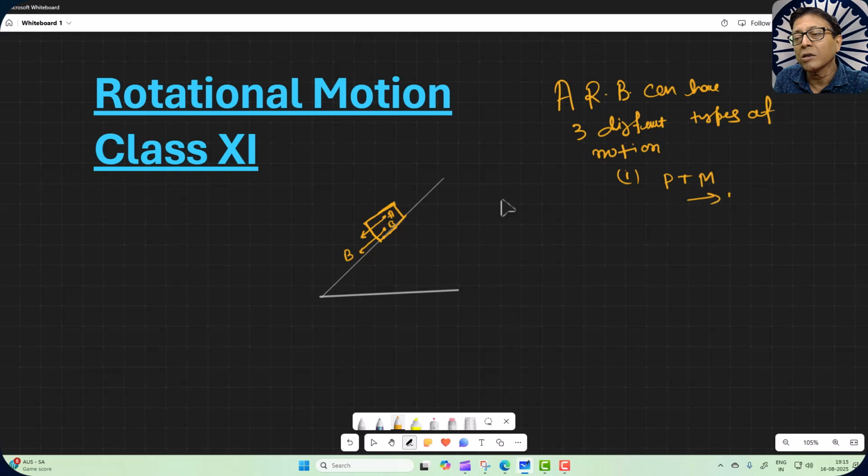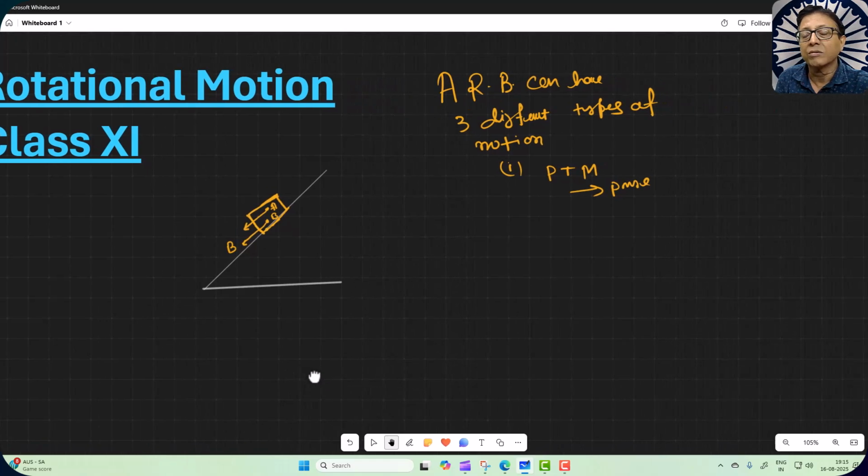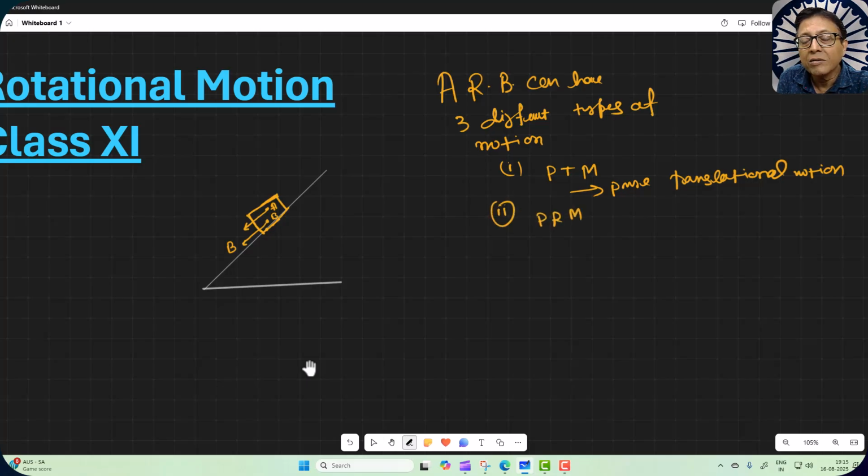This is called pure translational motion. Number two, PRM. This is called pure rotational motion.